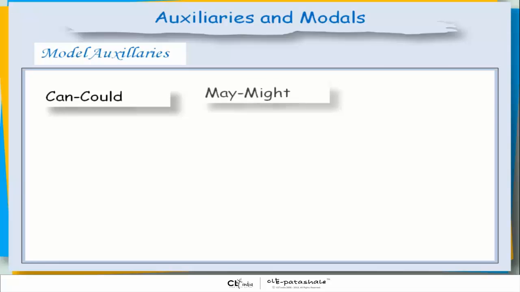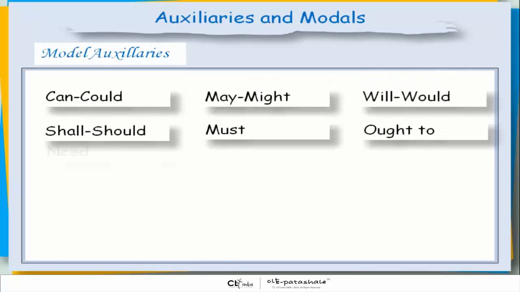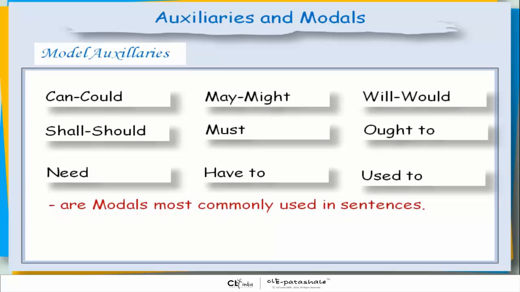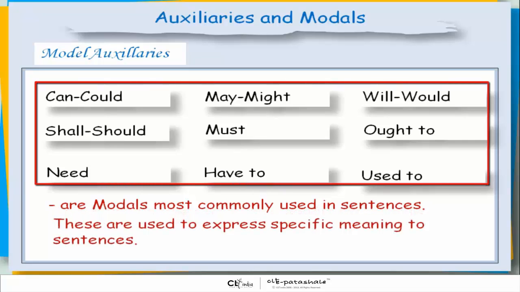Can, could, may, might, will, would, shall, should, must, ought to, need, have to, used to are modals most commonly used in sentences. These are used to express specific meaning in sentences.